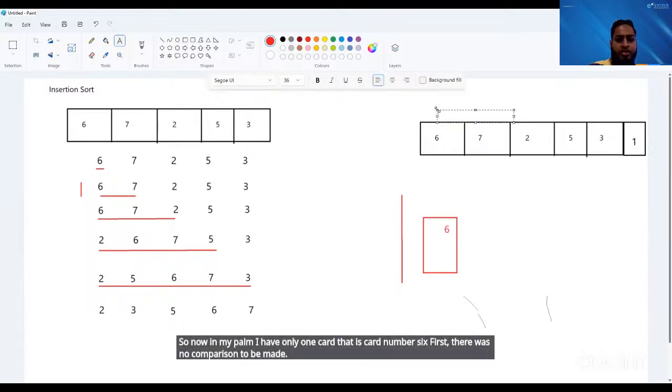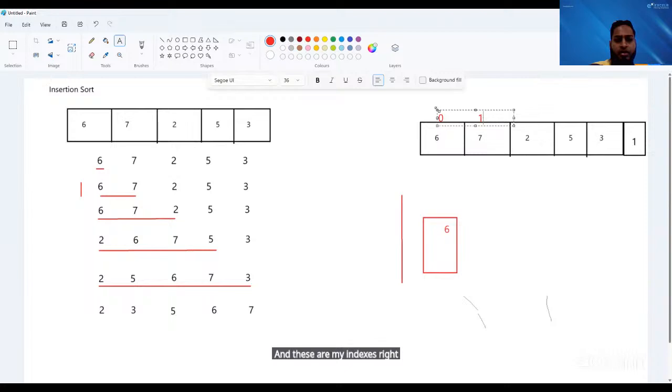And these are my indexes, right? Index is 0, 1, 2, 3, 4 and 5. So now where is my K? My K is starting from 1. So which card have I picked from the table?